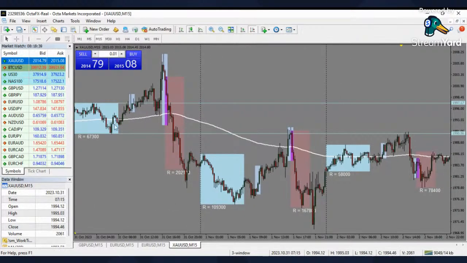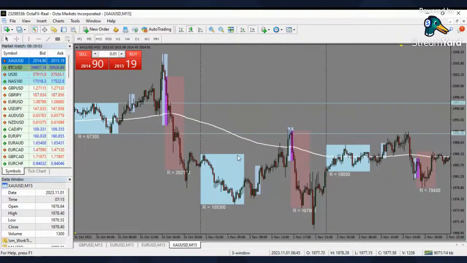Now, if you see the way this 200 EMA moves, since my Asian range for the current day is below this 200 EMA, what I'm looking for predominantly on this day is a sell. I want to say that again.